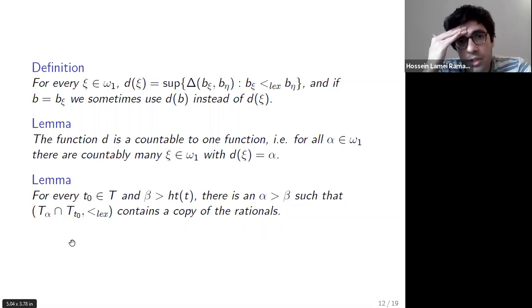Also, for every t0 in T and beta above the height of t0, there is an alpha above beta, such that T alpha above t0 contains a copy of the rationals.